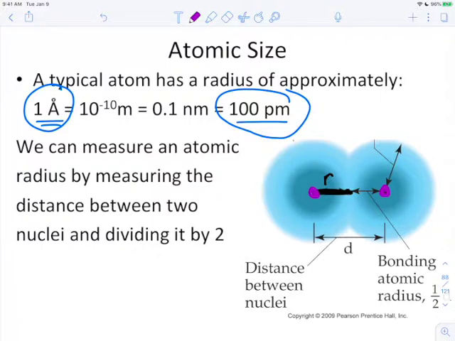So we figure out how far apart the nuclei are, and then we cut that distance in half, and that way we can say the radius of one is half the distance that we would see if we were to measure the distance between the two nuclei. So any questions on that right there about how we actually determine the radius of an atom?